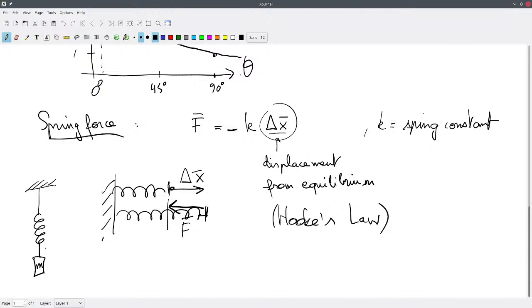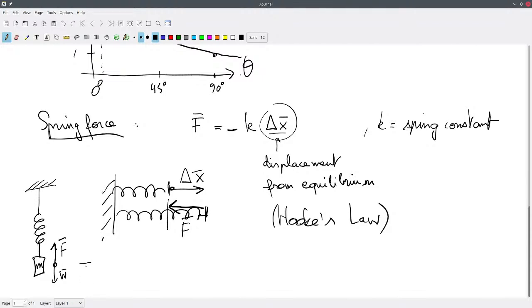Of course on the spring there's two forces operating: there's a force due to the weight that is operating on this spring, and then there's already a restoring force F. But at this point, the spring is in equilibrium, so I can treat this as the starting point for the equilibrium.